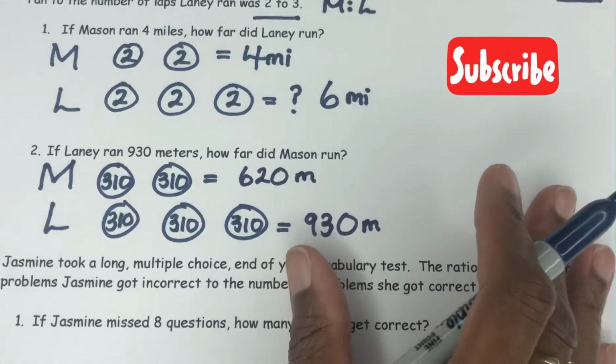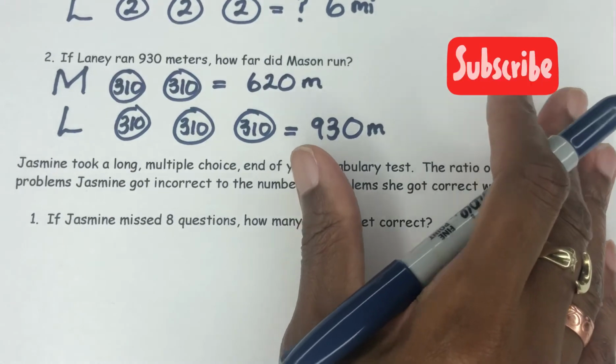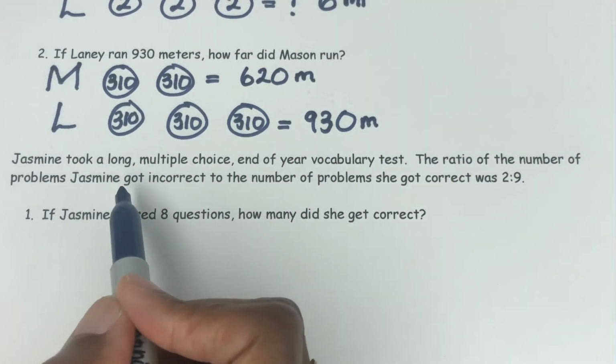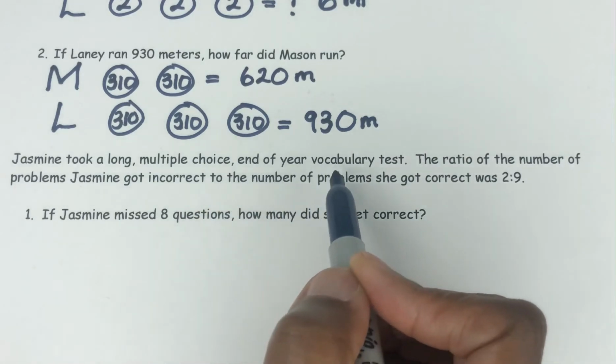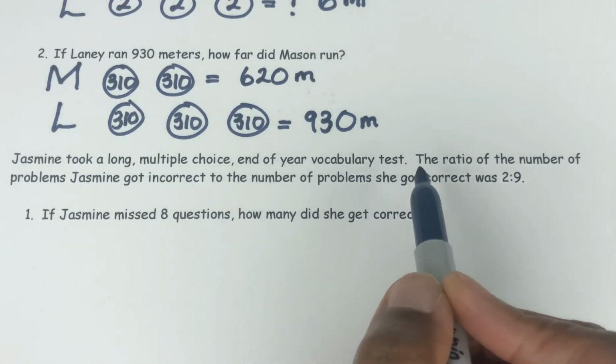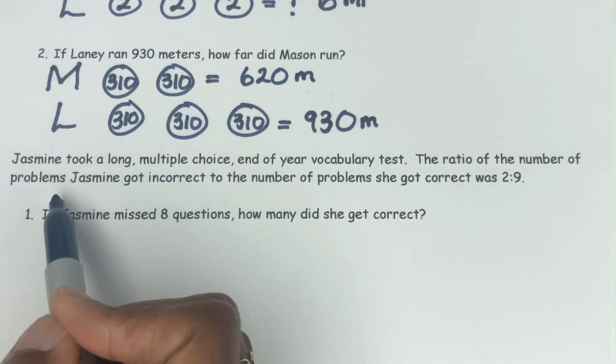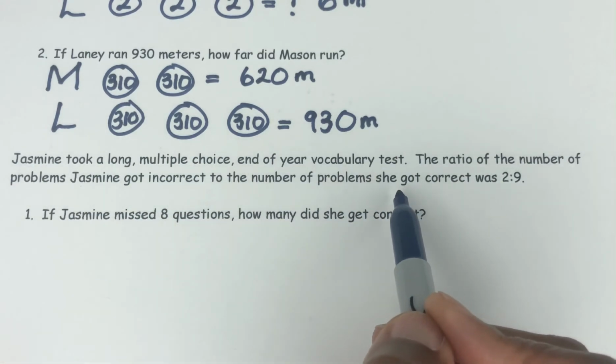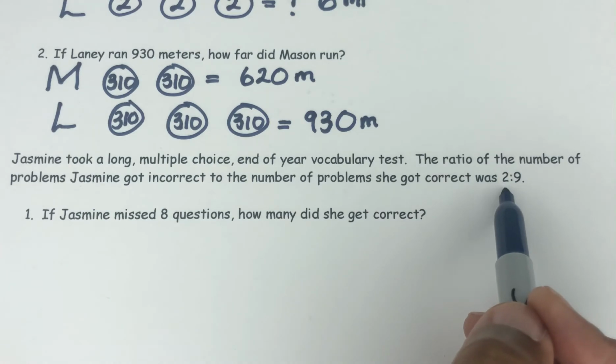Okay, let's take one more question. Let's have a good read of it. So Jasmine took a long multiple choice end of year vocabulary test. That's a bit of a mouthful. The ratio of the number of problems Jasmine got incorrect to the number of problems she got correct was 2 to 9.